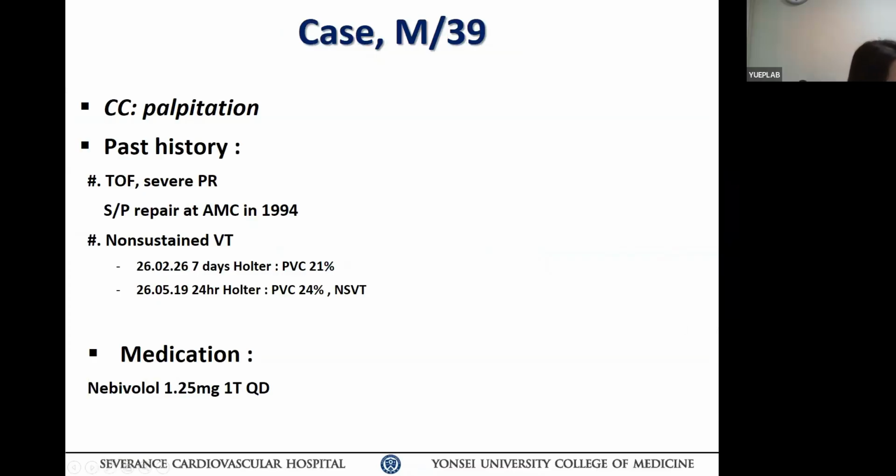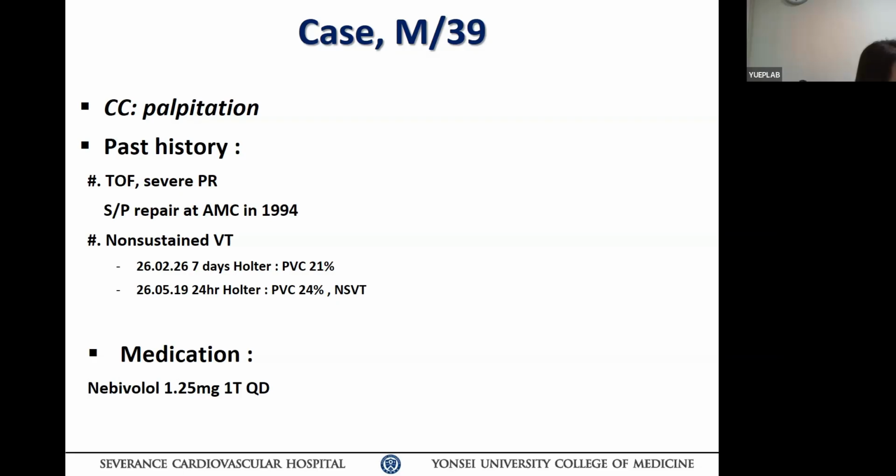Okay, this patient is a 39-year-old male. He had a history of tetralogy of Fallot operation. And recently, he had a complication, frequent PVCs, over 20 PVCs. So he took nebivolol, but the symptom was not okay.